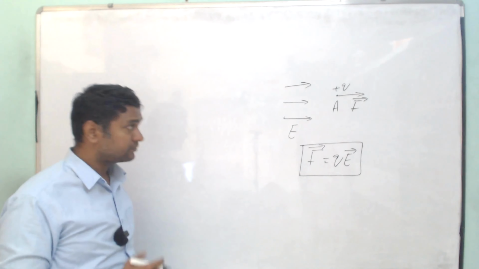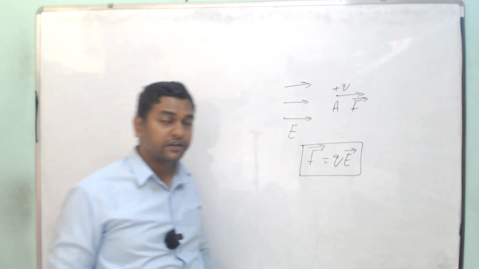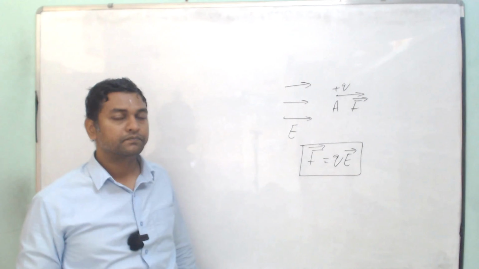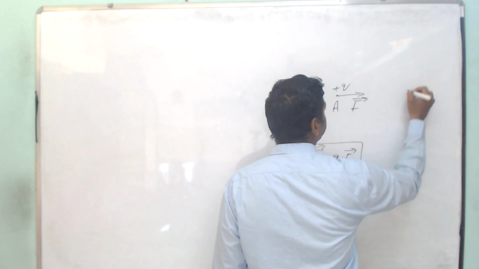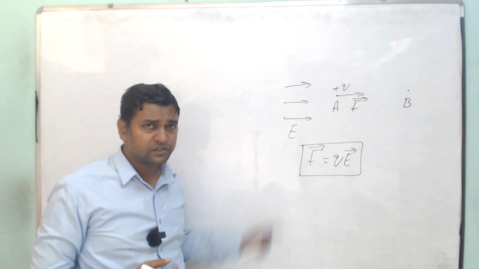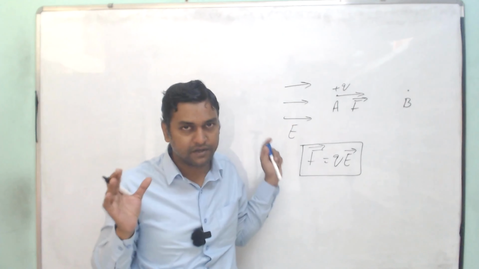Now, because this charge is under a force and it is free to move, obviously it will move. So let us say it moved from point A to point B. Obviously, it will move further past point B also if you leave it forever.